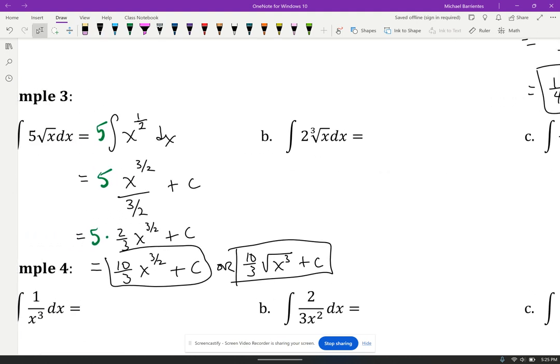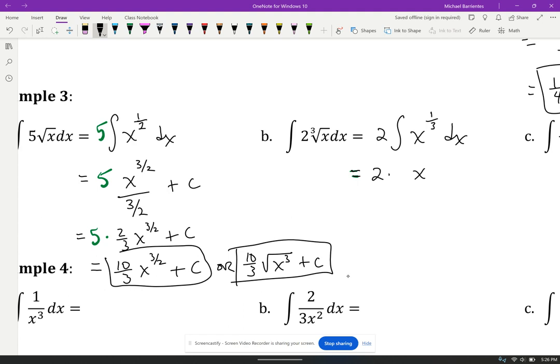So when I look at letter B here, I'm going to pull out the 2. I'm going to rewrite this radical as x to the 1/3 dx. There you go. And now I'm going to do the rule. So I have the 2 constant times x, and I'm going to add 1 to the exponent.